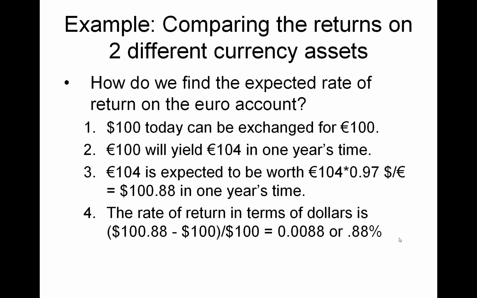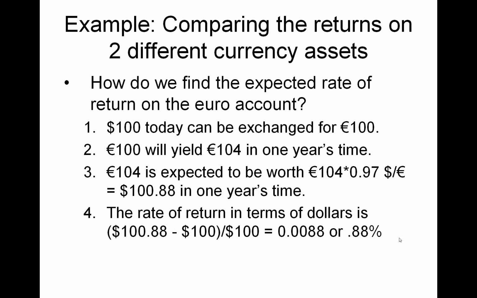Third, these 104 euros are expected to be worth 104 euros times the expected exchange rate of $0.97 per euro, which is $100.88 in 1 year's time.